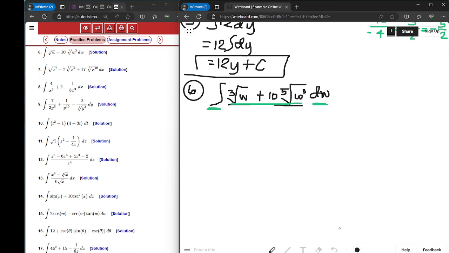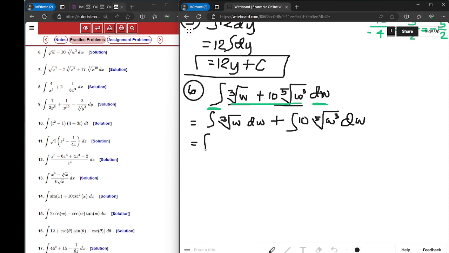But before that, we'll have to separate these two. This will become the integral of the cube root of w dw plus the integral of 10 times the fifth root of w raised to power 3, or w cubed, times dw.